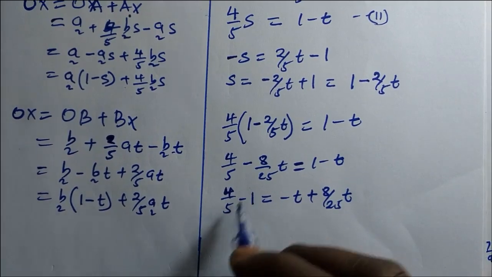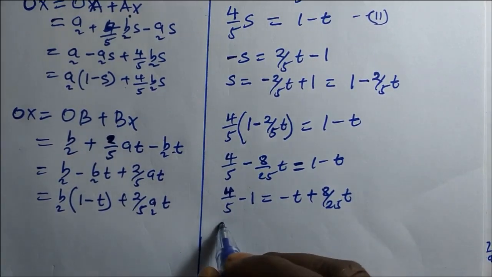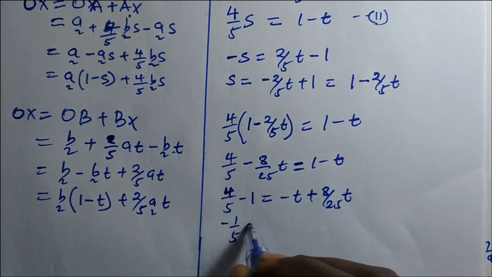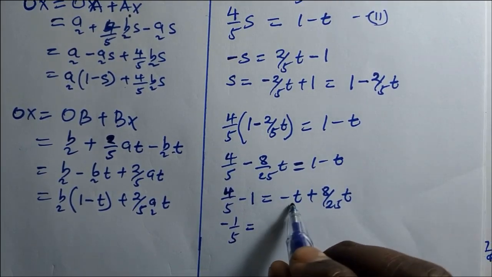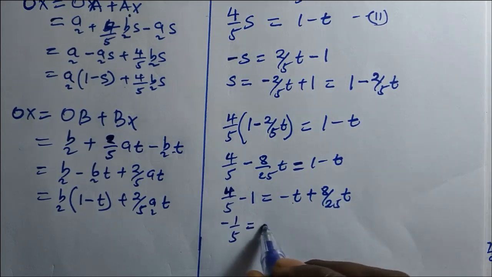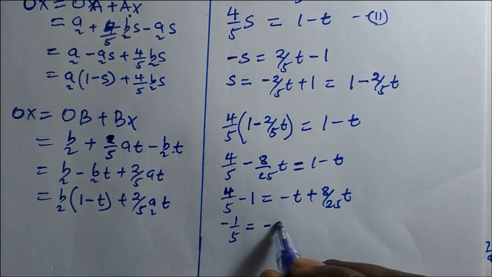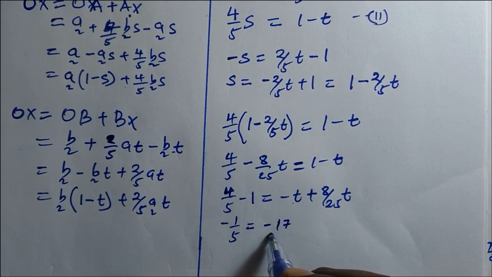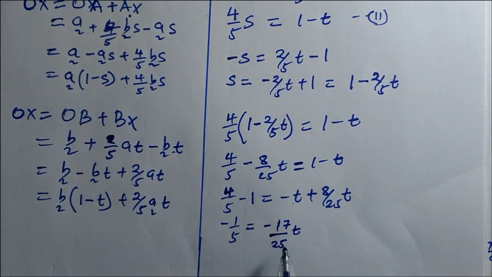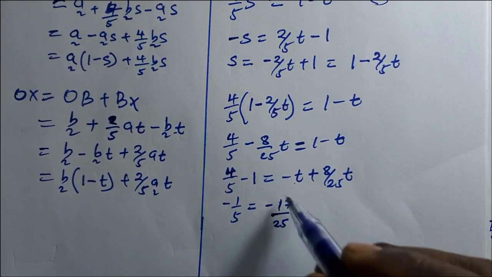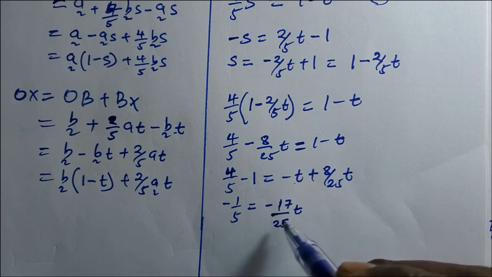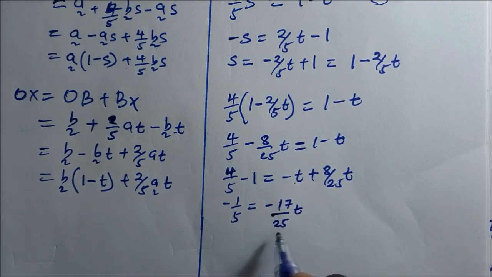Using your calculator, you will find that this one is going to be -1 over 5 is equal to -1T plus 8 over 25T, which is -17 over 25 T. To get T, we multiply both sides by the reciprocal.